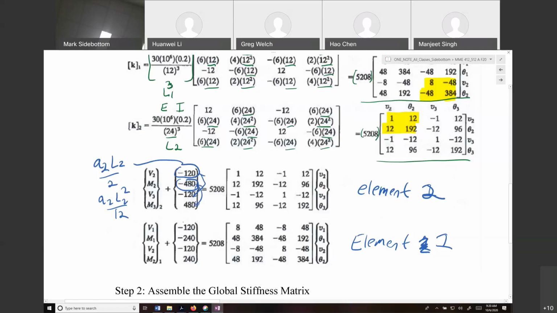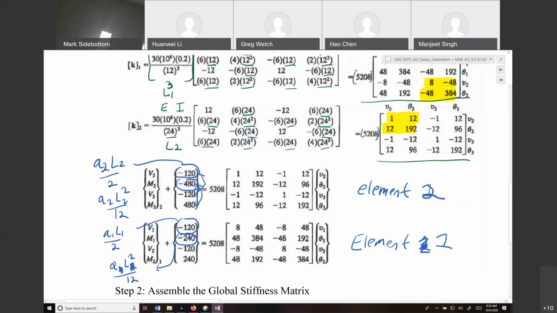For element 1, this term would be equal to Q1 L1 over 2, and the second term here would be equal to Q1 L1 squared over 12. That's just from our definition.